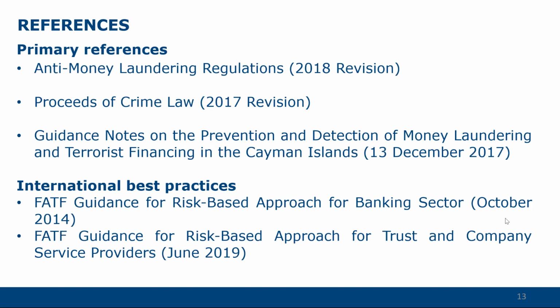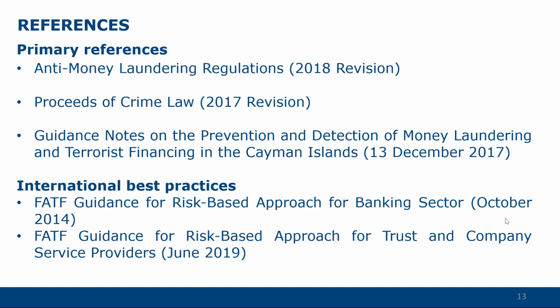Let's now look at the key references with respect to the risk-based approach. The primary references are the anti-money laundering regulations, the proceeds of crime law, and the guidance notes on the prevention and detection of money laundering and terrorist financing. All these primary references are available on the authority's website.